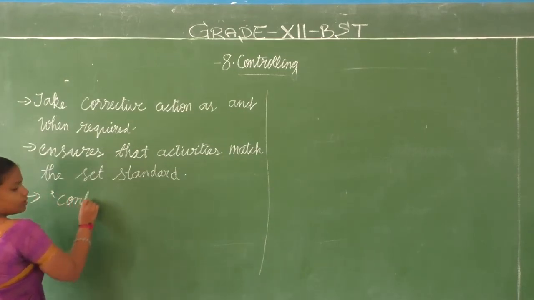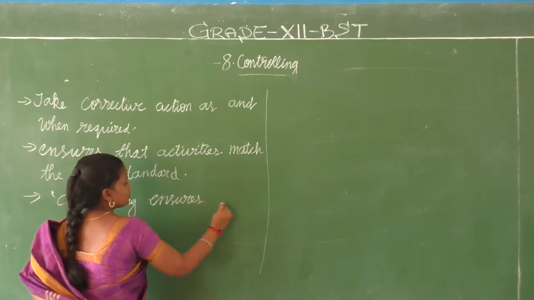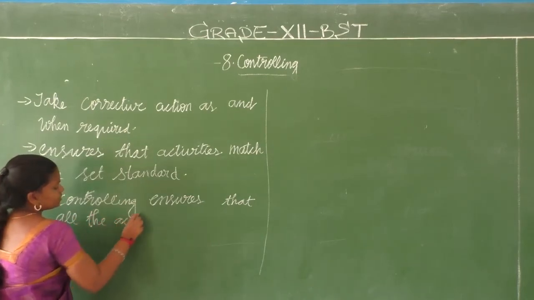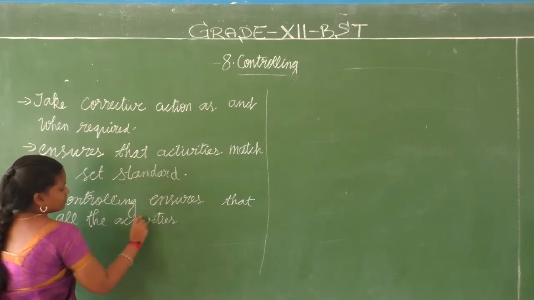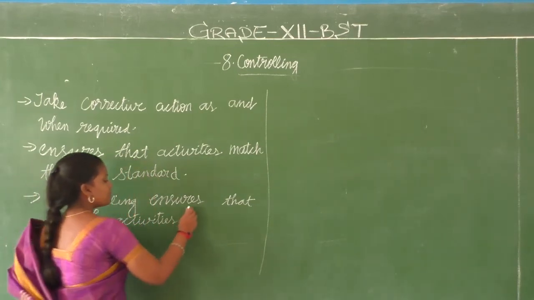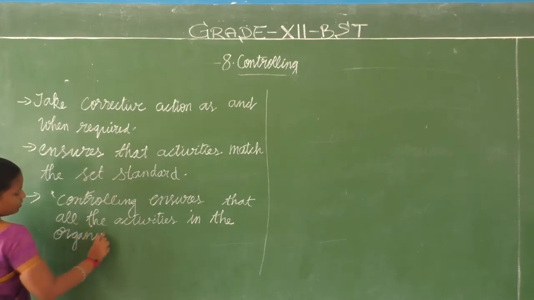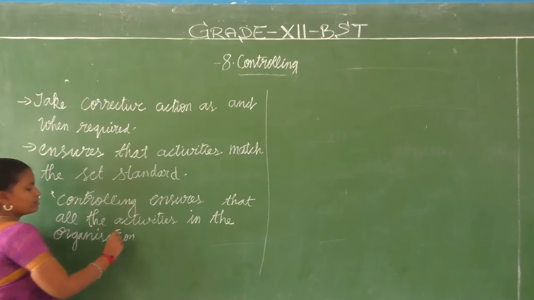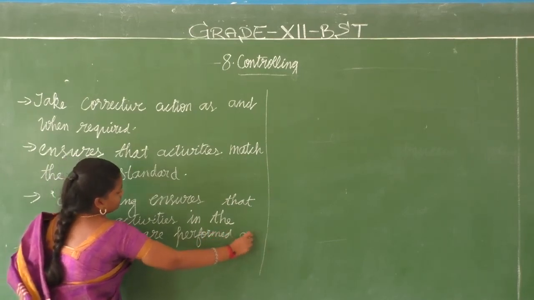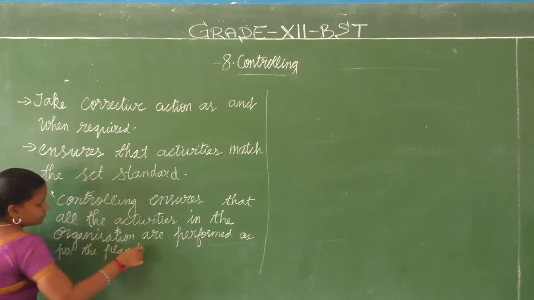So controlling ensures that all the activities in the organization are performed as per the plans.